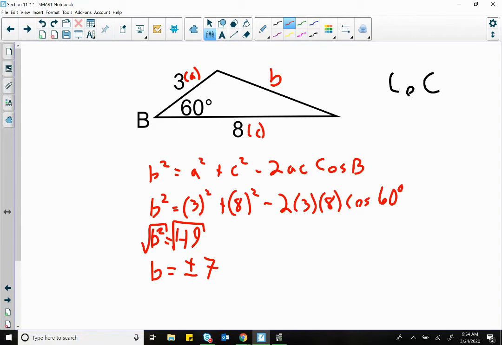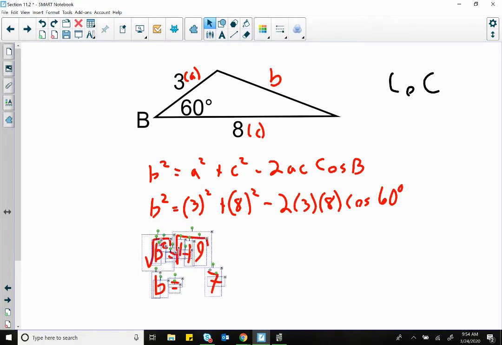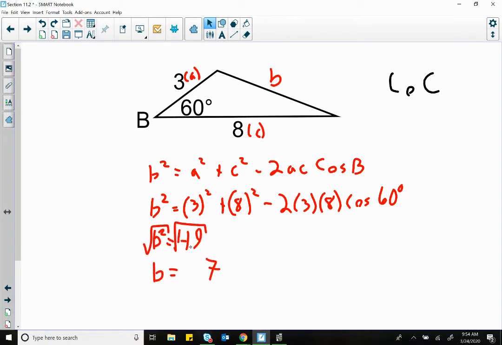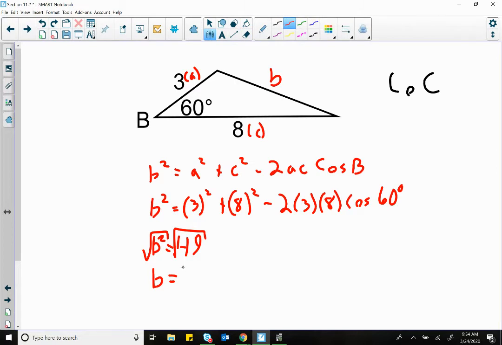Now, since we're talking about a triangle, though, up here, we're going to ignore the minus and just use the positive 7. I was trying to move the 7 closer, so we'll just erase it, move it closer. So you technically don't have to worry about the plus or minus here because we want the positive. So now we know little b.